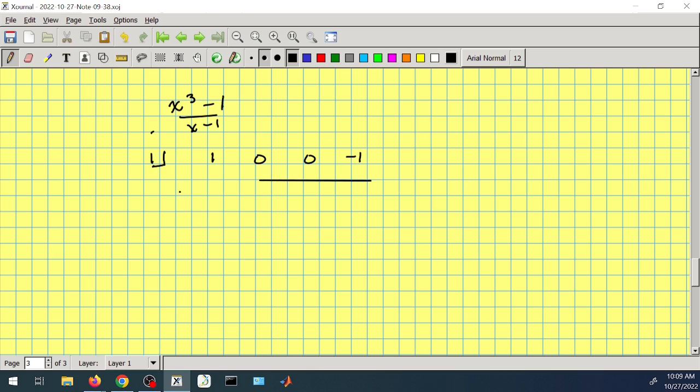So we bring down the first coefficient, and 1 times 1 is 1, and 0 plus 1 is 1, and 1 times 1 is 1, and 0 plus 1 is 1, and 1 times 1 is 1, and the remainder is 0. So we know that x cubed minus 1 is x minus 1 times what? Now what is this polynomial here? 1, 1, 1. It's x squared plus x plus 1.